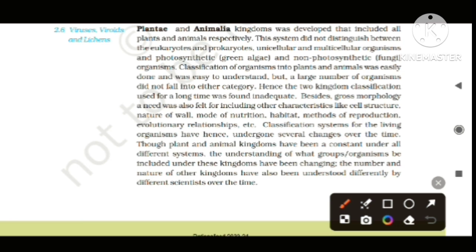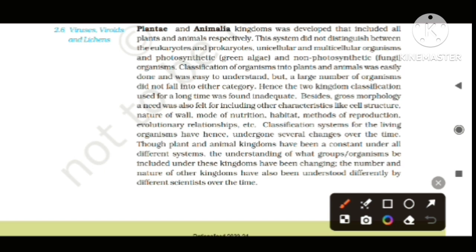Hence the two kingdom classification, used for a long time, was found inadequate. It failed.